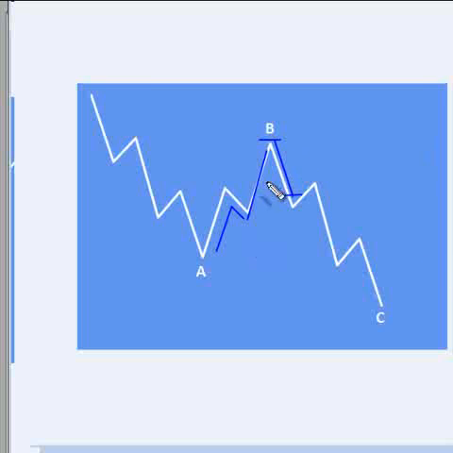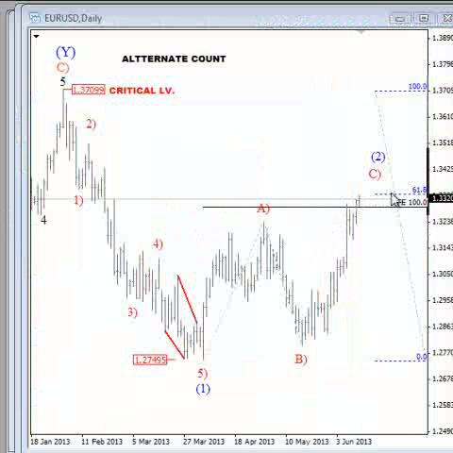So I will be waiting very patiently for this retracement if we get it. If not, then this market will go higher, but I will not be on the right side of the market, because I will not go short if I do not see this drop in price, a confirming price action.